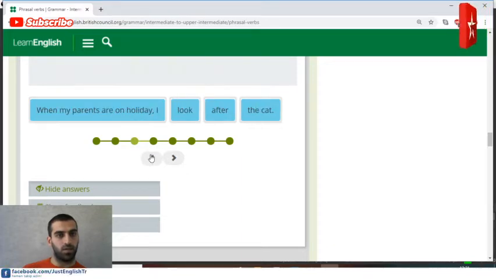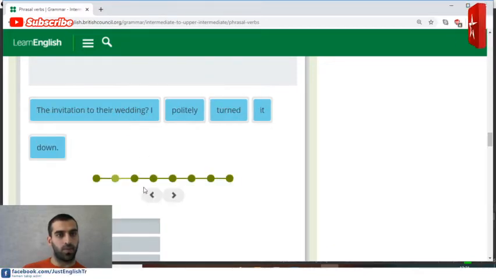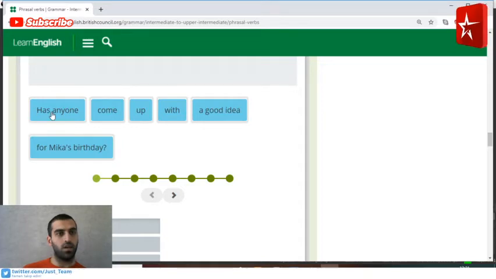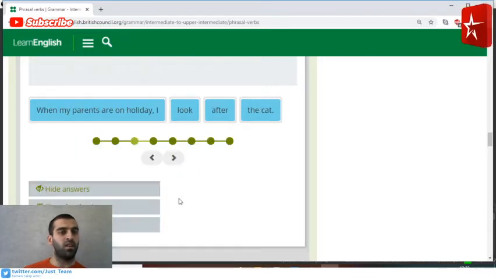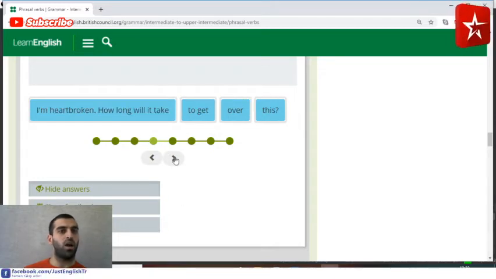And from the first sentence, you can see the first one: has anyone come up with a good idea for Mike's birthday? The second one: the invitation to their wedding, I politely turned it down. The next one: when my parents are on holiday, I look after the cat. Number 4: I'm heartbroken. How long will it take to get over this?